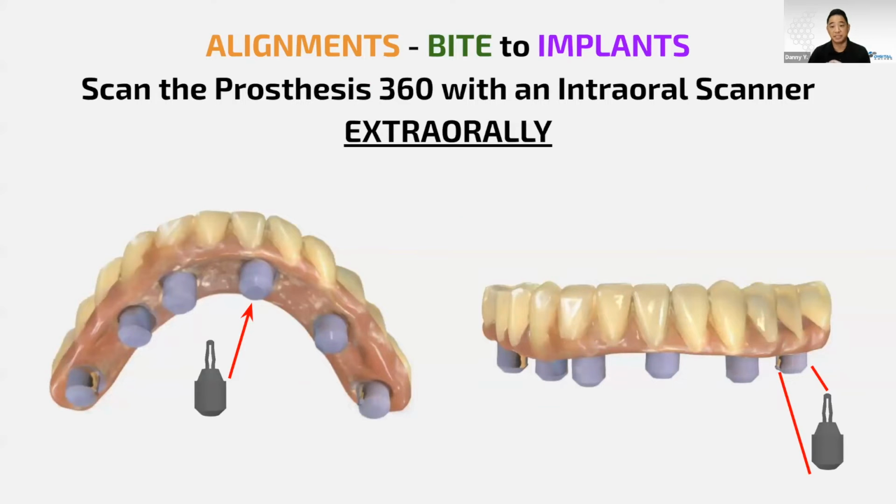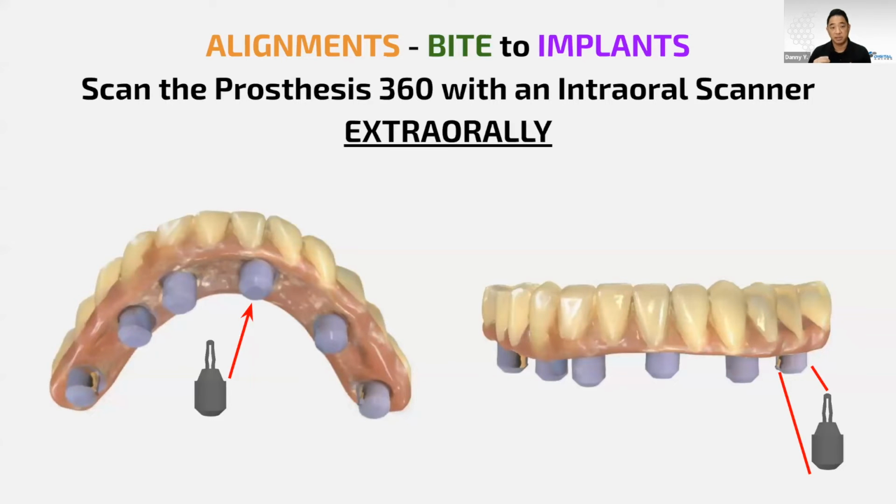And then once they are, you're going to scan the prosthesis with these analog scan caps in, 360 degrees. So you want to make sure you capture all of them along with the teeth. And what you're going to be using this for is to be able to align the bite to the implants. And I'll show you how you do that when you actually look at the OptiSplint.